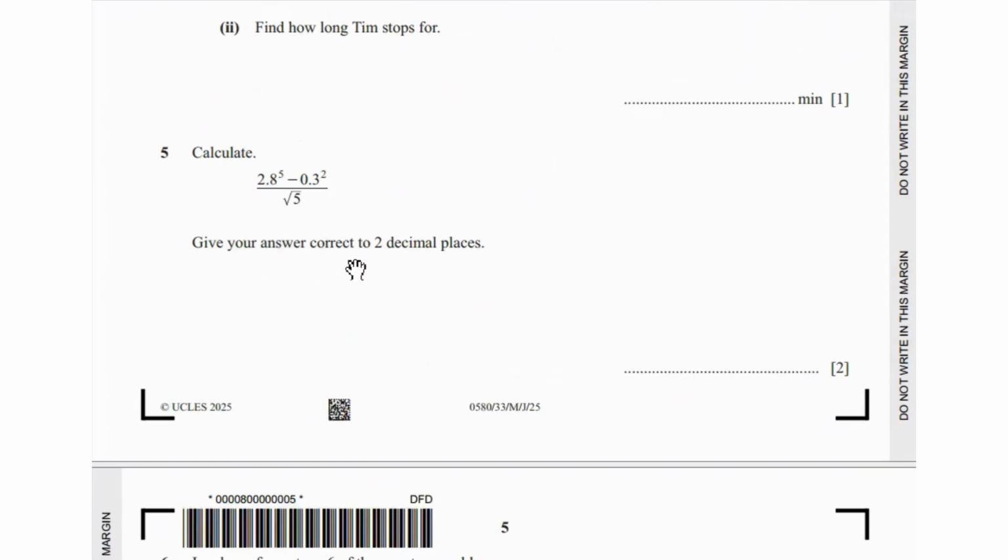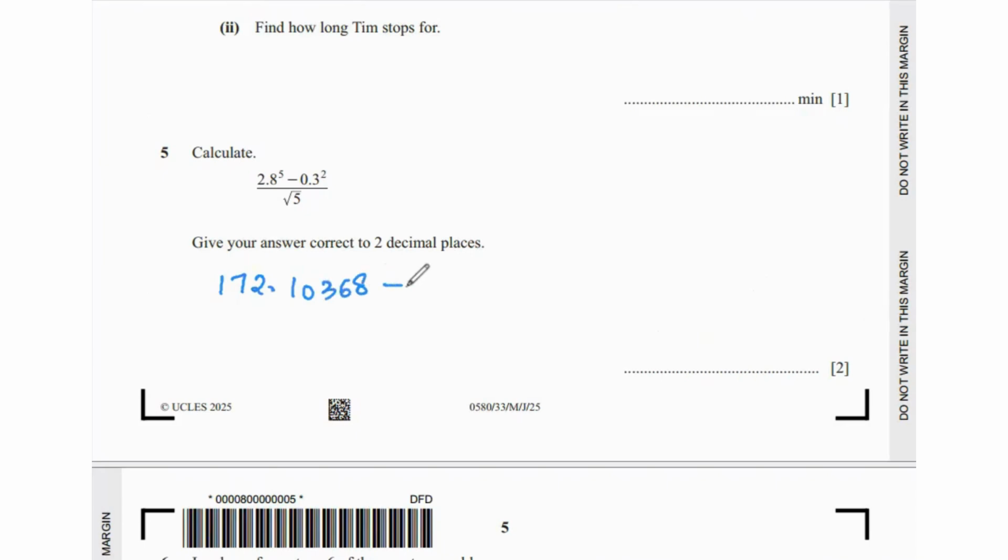Then calculate 2.8 to the power of 5 minus 0.3 squared, divided by root 5. You just plug this in the calculator. First, we begin with finding the value of 2.8 to the power of 5, which is 172.10368.